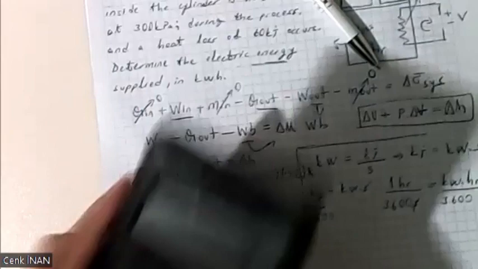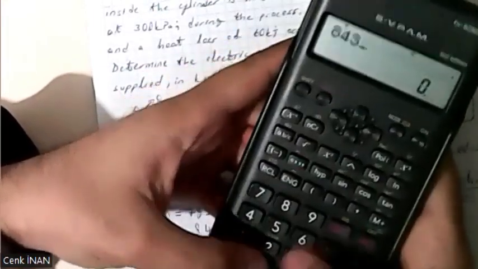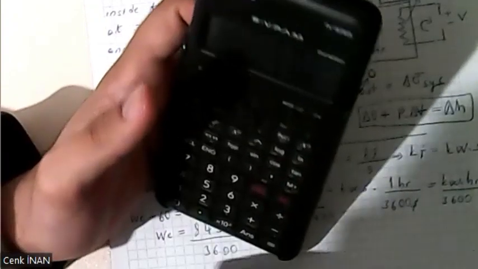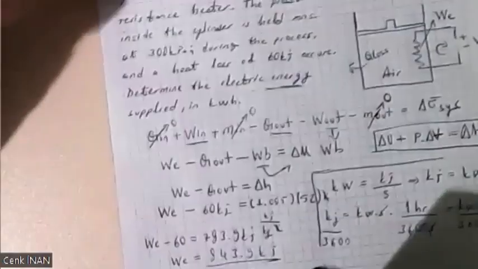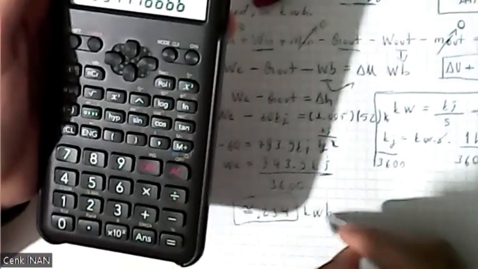So the result is 843.9 over 3600, which gives approximately 0.234, and that's enough. Kilowatt hour.